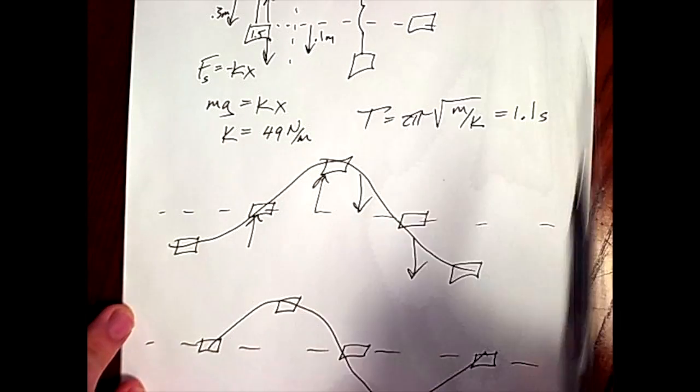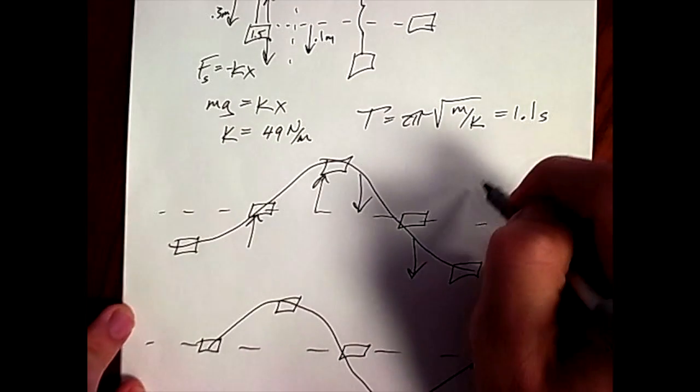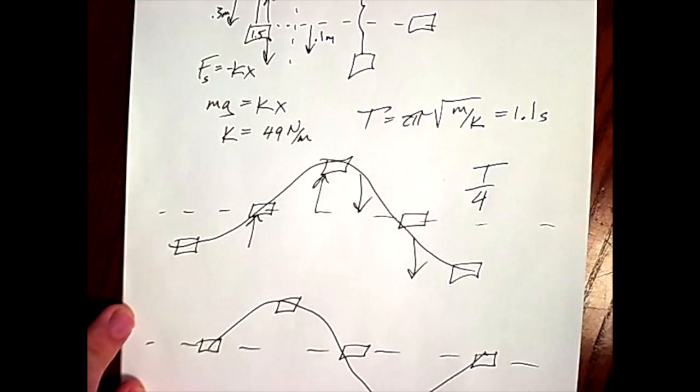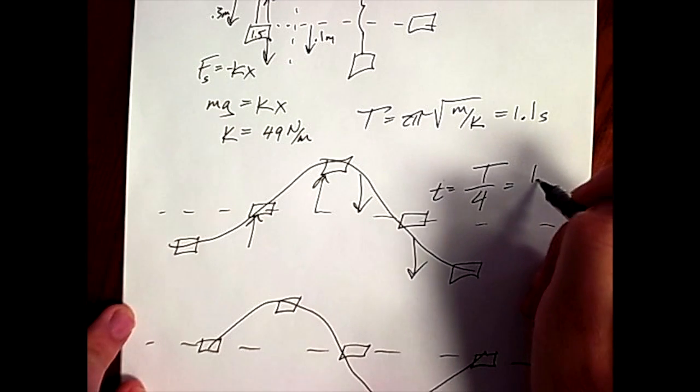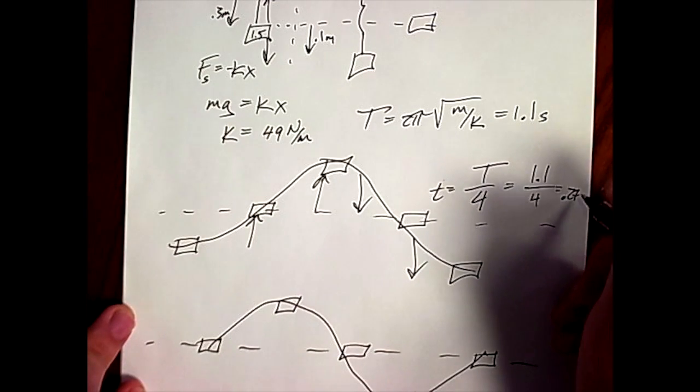So the time it takes to return to the equilibrium position is the period divided by 4, which in this case is 1.1 divided by 4, which is 0.27 seconds.